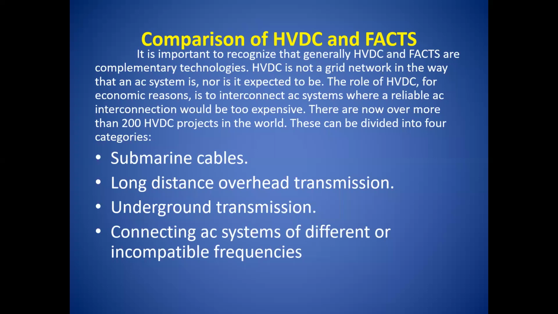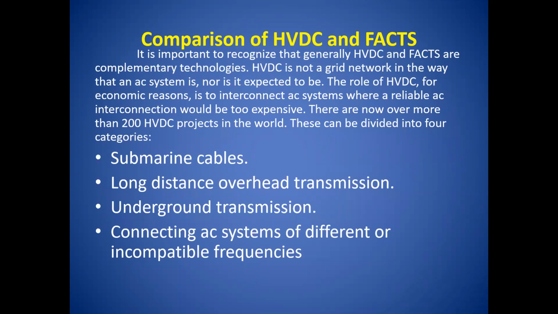Definitely the HVDC technology and FACTS technology are complementary to each other. It is quite opposite to each other. Each system has some advantages and disadvantages depending upon the situation, the geographical location, and the amount of power to be transmitted.